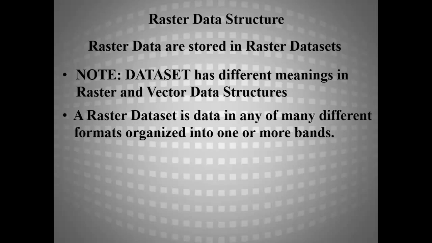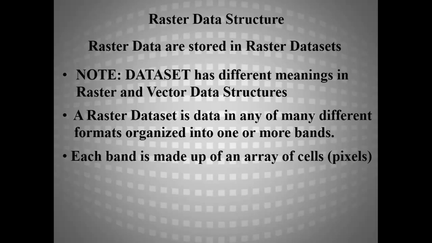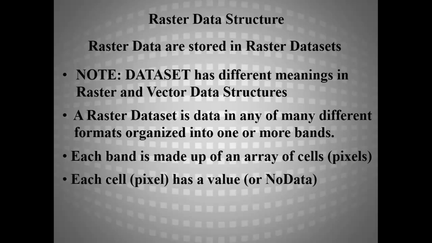Any image format that you can think of is a raster format, organized into bands. So data sets are made up of bands. Each band is a grid that has the cells. So grid with cells equals band, multiple bands equals data set. And then of course each cell has a value, or it has the no data value.